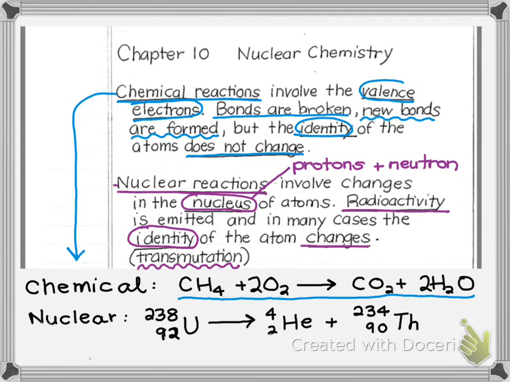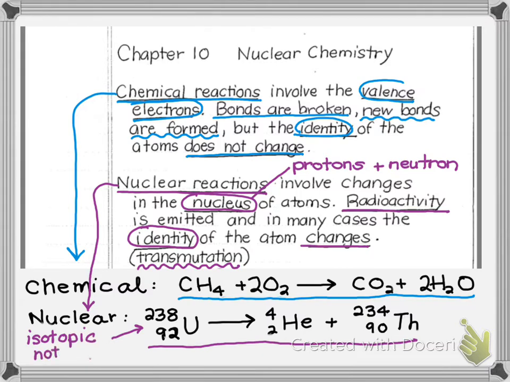Now, nuclear reactions have a formula that might look something like this. Notice in this nuclear reaction that they're written in isotopic notation. We'll review that in the next slide. Also notice that the elements are not the same on both sides of the reaction: you have uranium on the reactant side and helium and thorium on the product side.